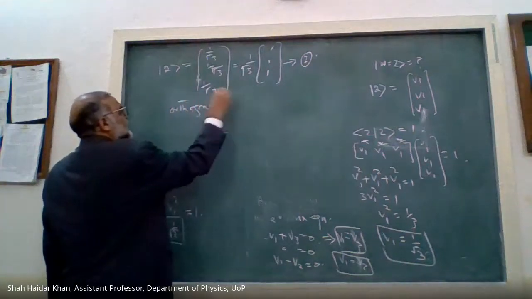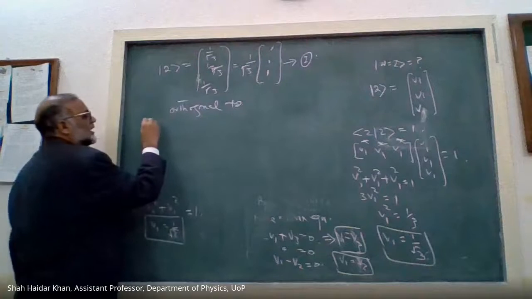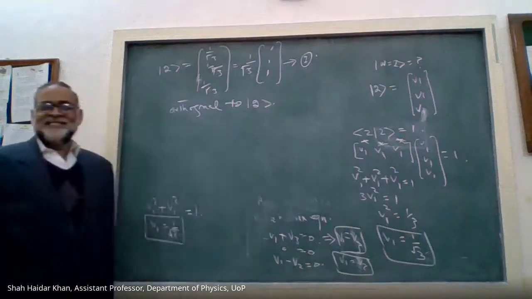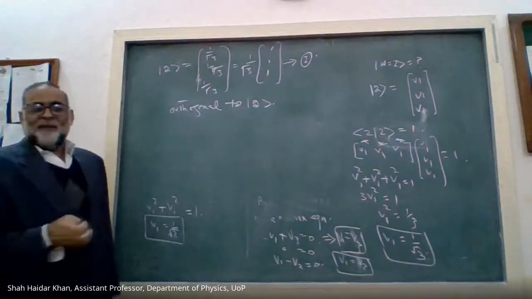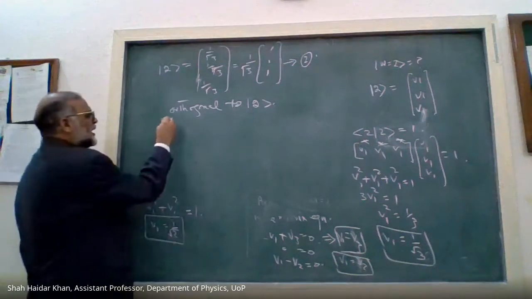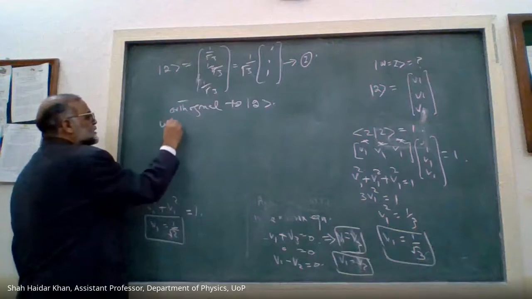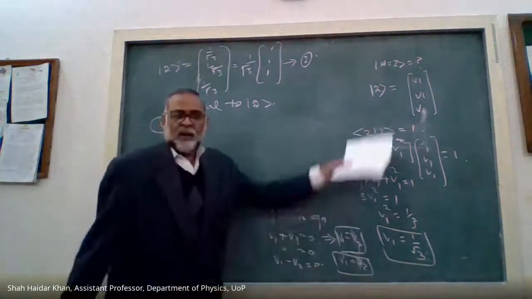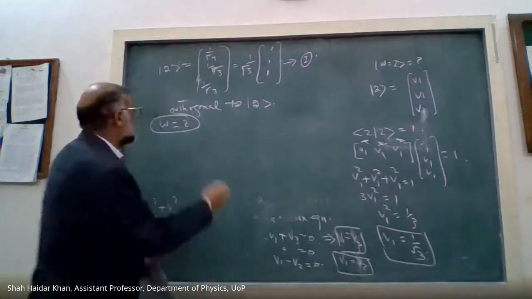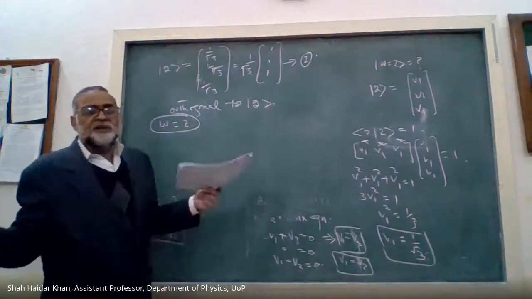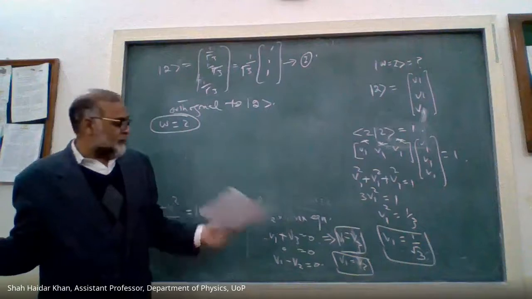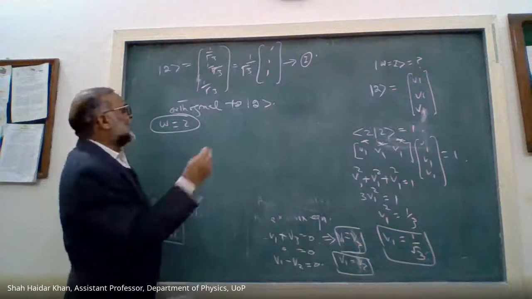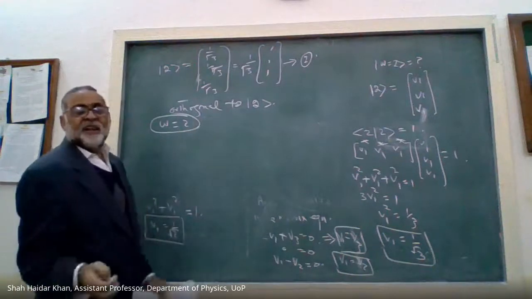Our eigenvalue is again omega equal to 2, so the same process we will solve. We will have the same procedure because omega is equal to 2. We get nothing from this. Again we will get this thing, but we can apply a condition on it.